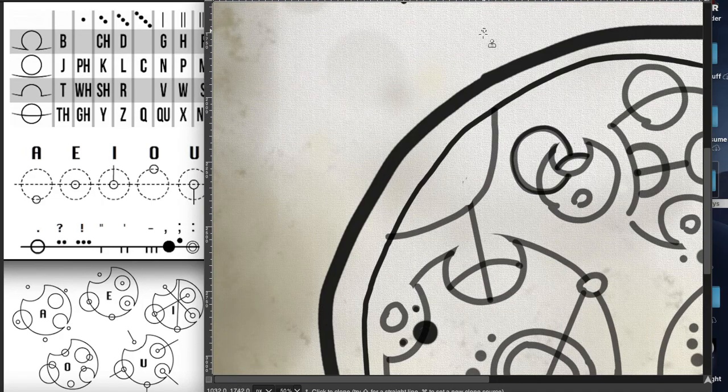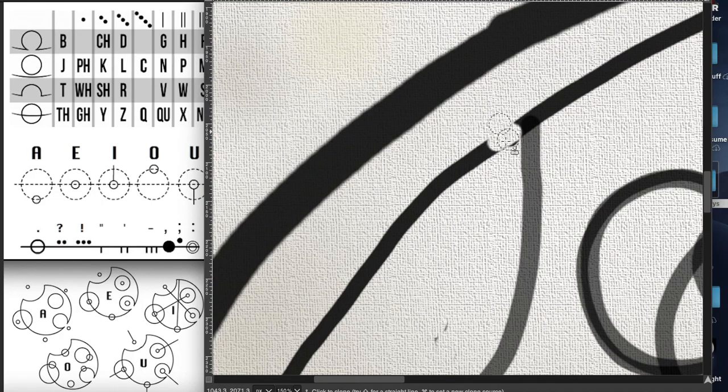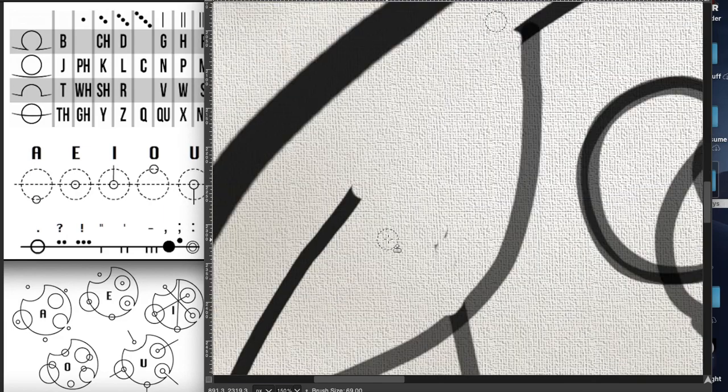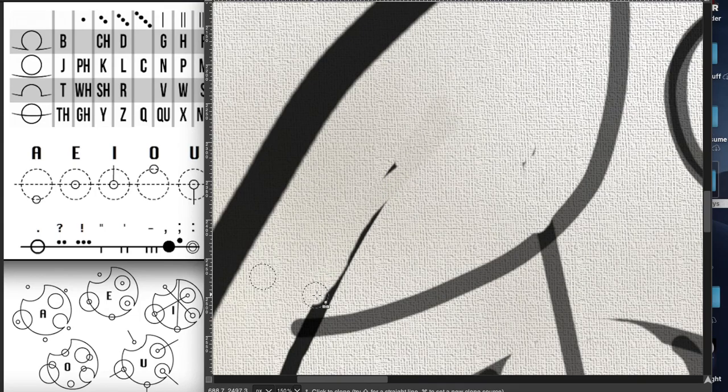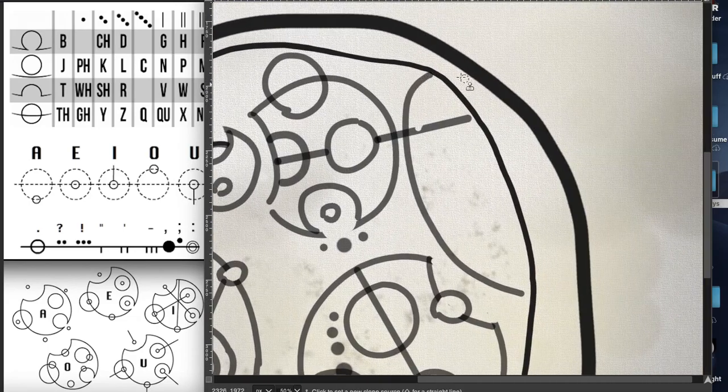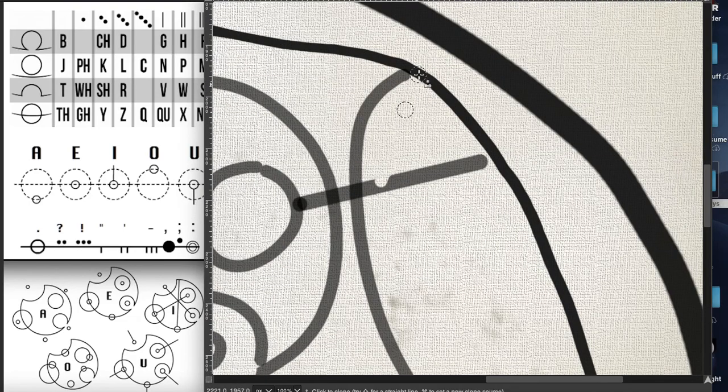Cool. That's one way to erase things. Clipping tool, clipping tool.